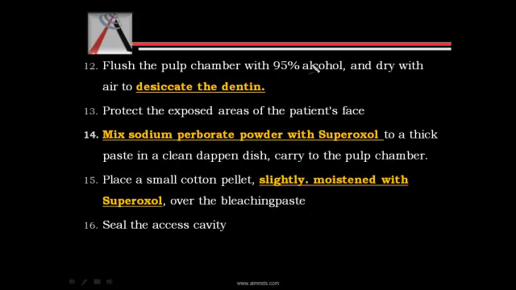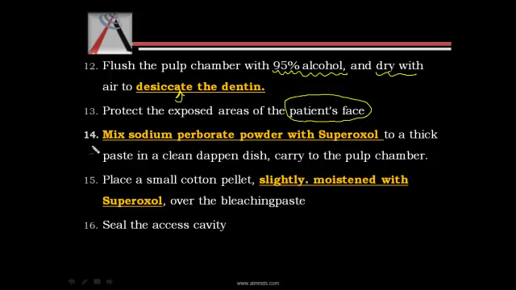After the removal of the smear layer, we desiccate the dentine by flushing the pulp chamber with 95% alcohol and drying it with air. Following the desiccation of dentine, we have to protect the exposed area of the patient's face.